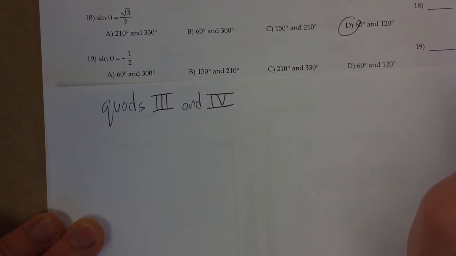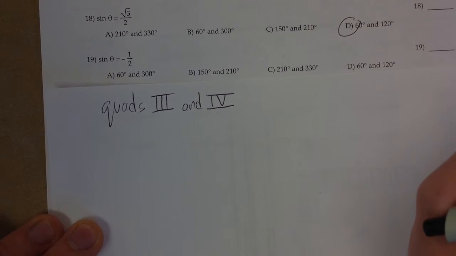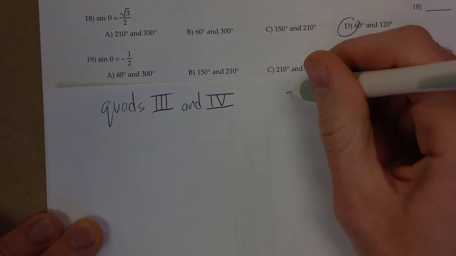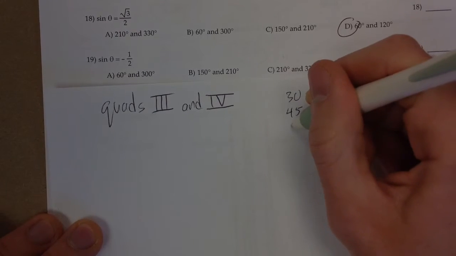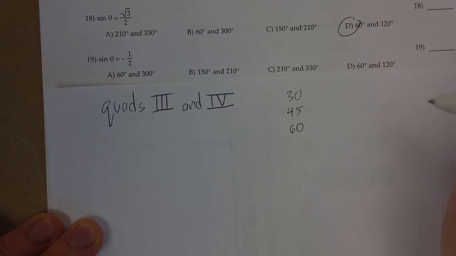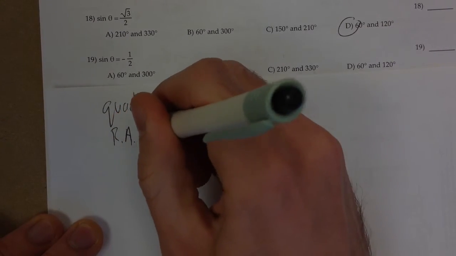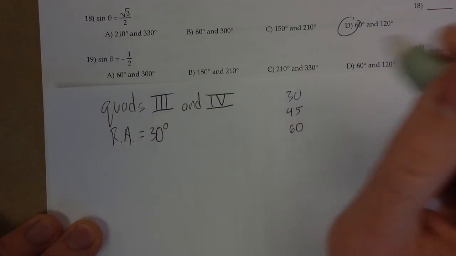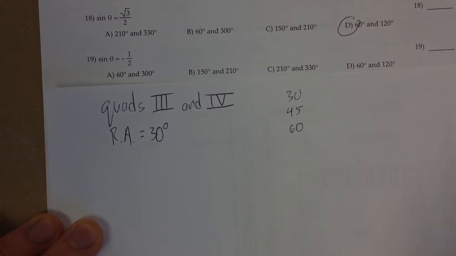Okay, let me rephrase my question. Let me be more specific. For what acute angle is sine 1/2? And remember, it's either going to be 30, 45, or 60. 30. So that's your reference angle. Now please tell me what's the third quadrant angle that has a reference angle of 30 degrees? That's in the second quadrant.